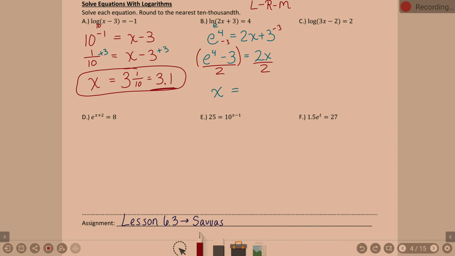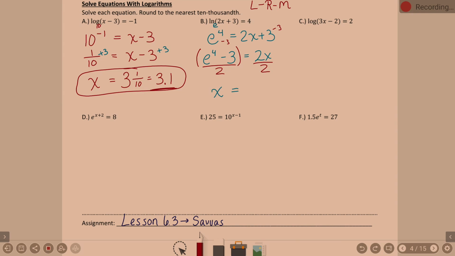And this comes down to knowing how to use your calculator, right? Before test time, know what your calculator does and doesn't do. So like I could have done e to the fourth equals minus 3 equals divide by 2 equals.